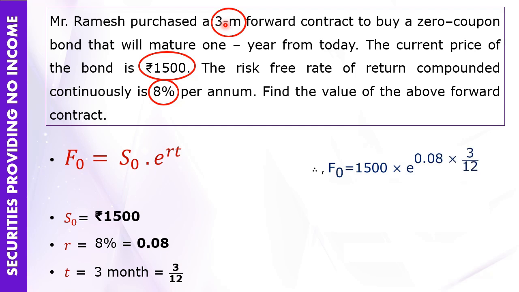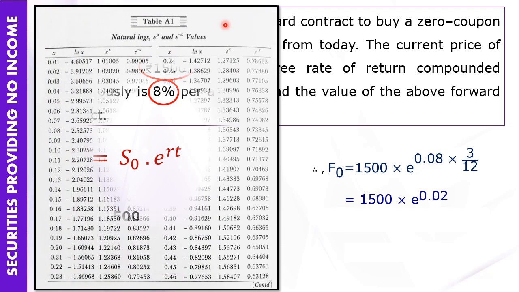That will be 1,500 into e to the power 0.08 into 3 by 12. Now I have to multiply the power components, 0.08 into 3 by 12, which is equal to 0.02. Now here you have e to the power 0.02. How do we find this value? To find the exponential value of 0.02, either you can look into the log book, or there is a separate table of exponential values that may be provided during your examination, and that looks like this.